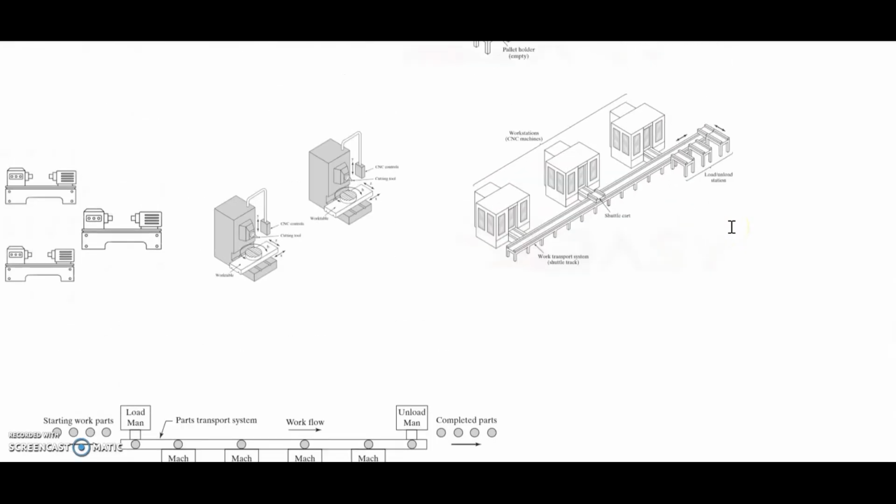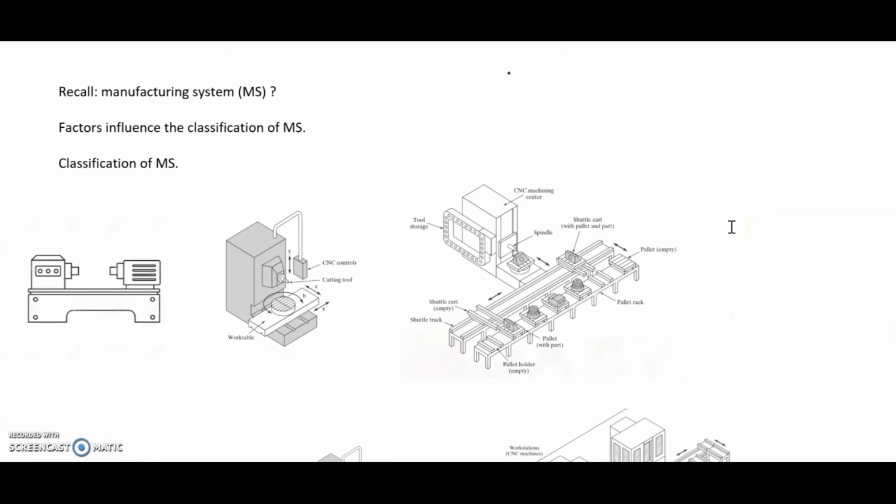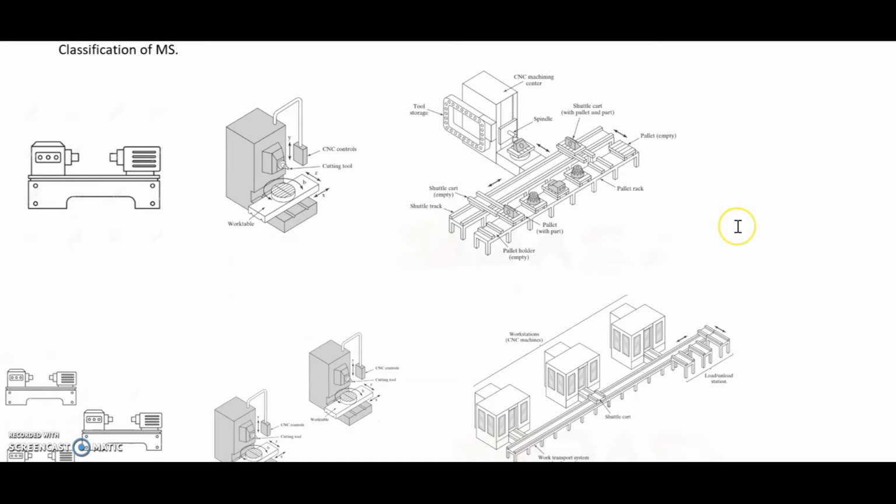Okay, we go back to the different classes or classification of manufacturing systems. Cellular manufacturing can be set up or implemented in a manual or automatic approach. But if the machines are set up in an automated approach, then there is a possibility that the system is a flexible manufacturing system.